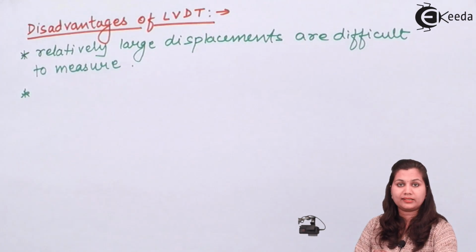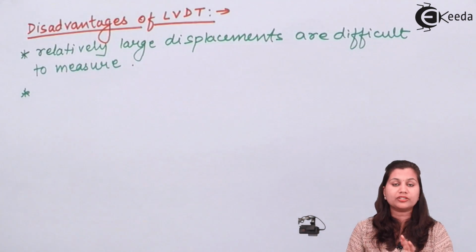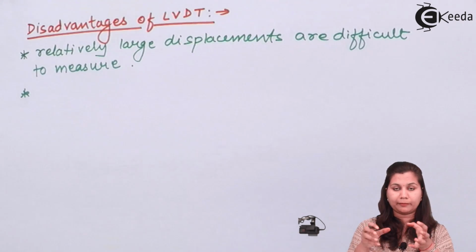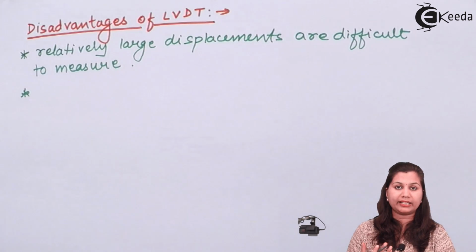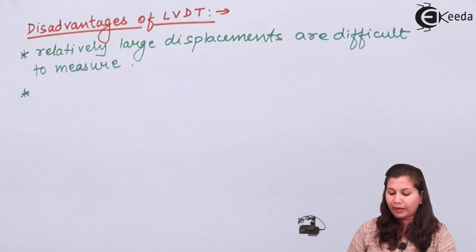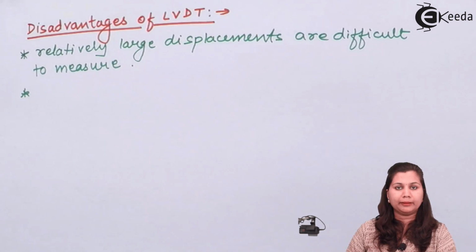Also, we have said that we have kept the assembly in a shield, a stainless steel body, but some stray magnetic and electric fields can still influence its working, although in that case shielding can be provided.